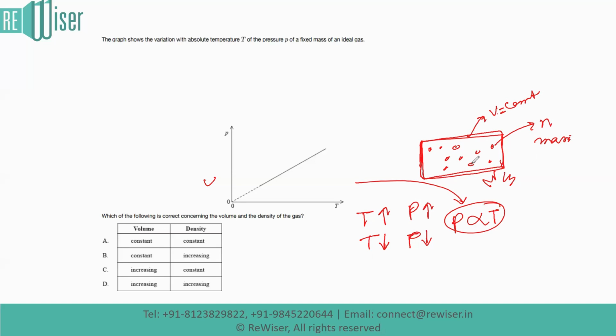Because when I heat them, the temperature inside increases. Because of that, these molecules gain kinetic energy, move around with higher kinetic energy, and strike the surfaces.